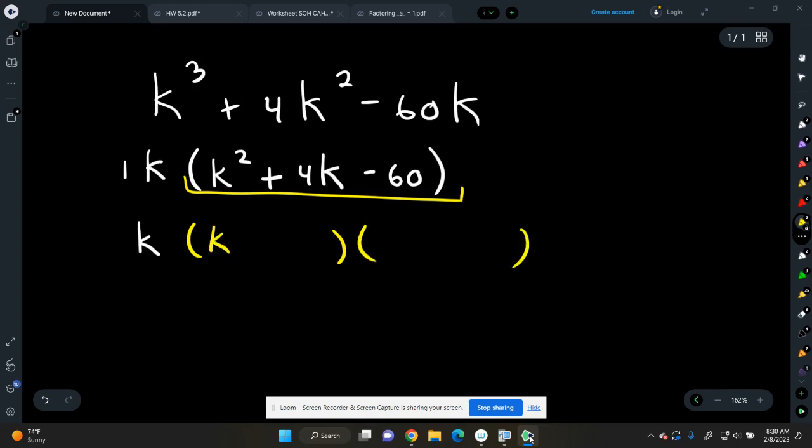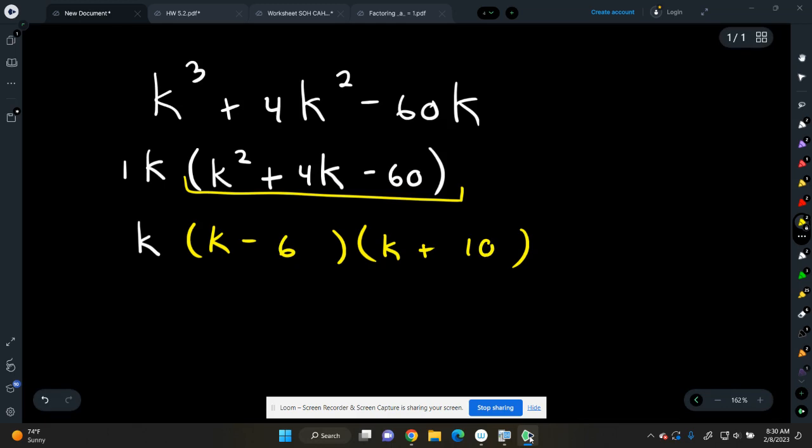Put a K in each one. Okay. So we've got a good start. Now I'm looking for 2 numbers that multiply to equal negative 60, but add up to positive 4. Okay. Angel, what'd you get? Negative 6 and 10.